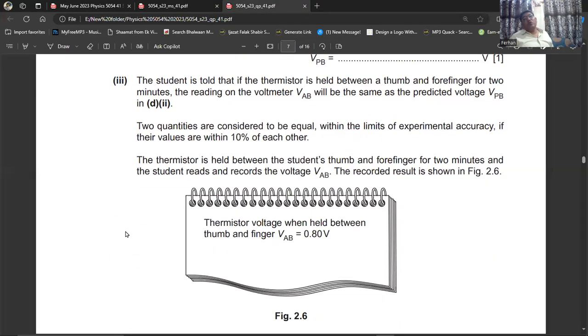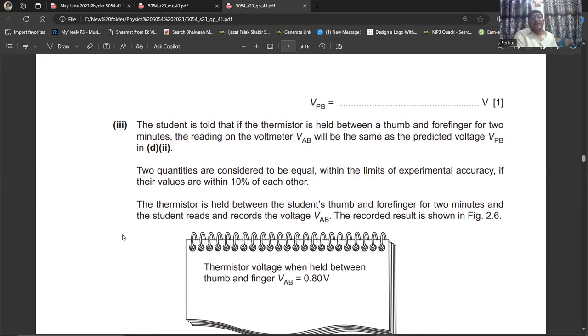The student is told that if the thermistor is held between a thumb and forefinger for 2 minutes, the reading on the voltmeter VAB will be the same as predicted voltage VPB in the D second part. The two quantities are considered to be equal within the limits of experimental accuracy if their values are within 10% of each other.